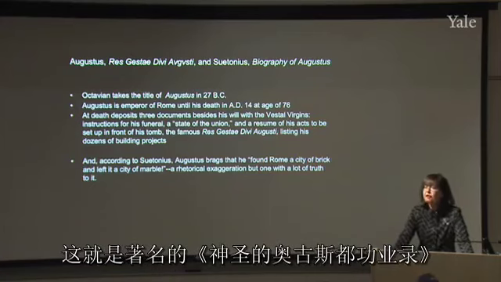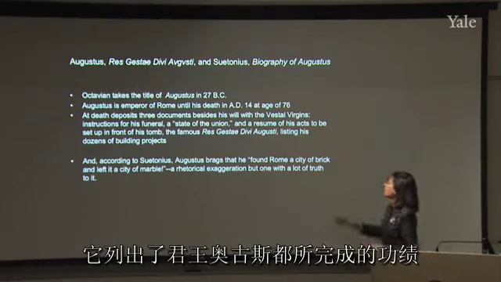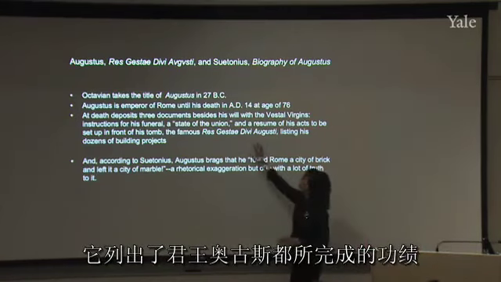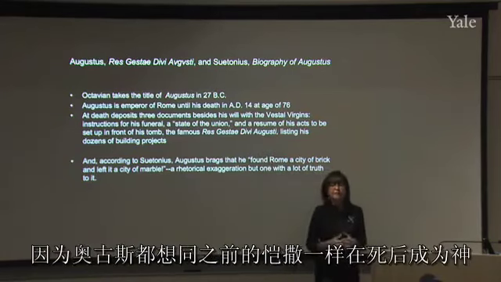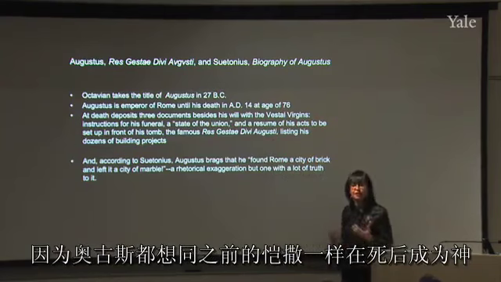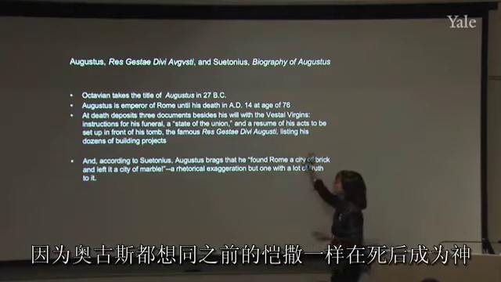These are the famous Res Gestae Divi Augusti, and that means the list of things accomplished of the divine Augustus, because Augustus, like Caesar before him, was transformed into a god at his death.